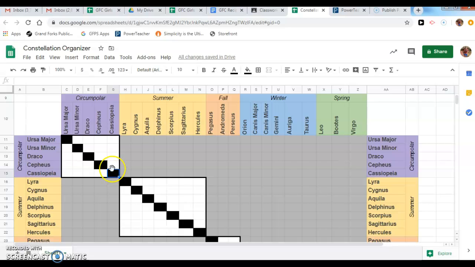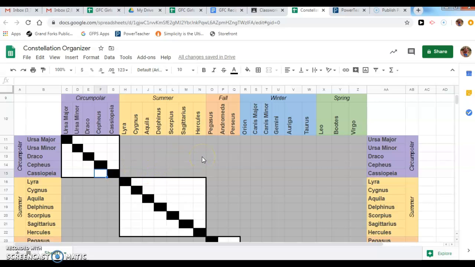Okay. However, if I click on this one, I have Cassiopeia on the left and Cepheus the king above. So this square would be a connection between Cepheus the king, Cassiopeia the queen, and there should be a connection there based on their names.